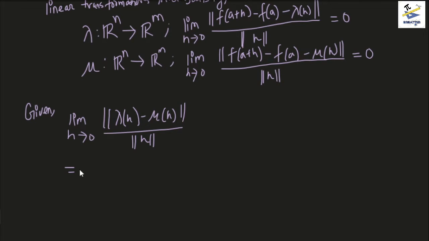Understand that f(a + h) minus f(a) is a finite vector, because it belongs to R^m.